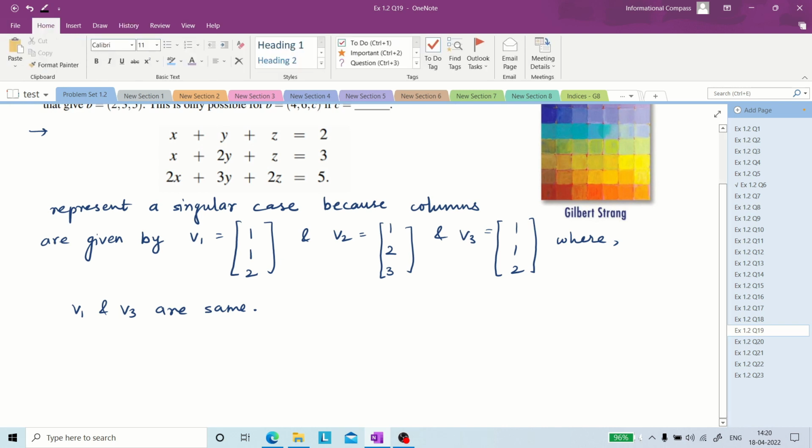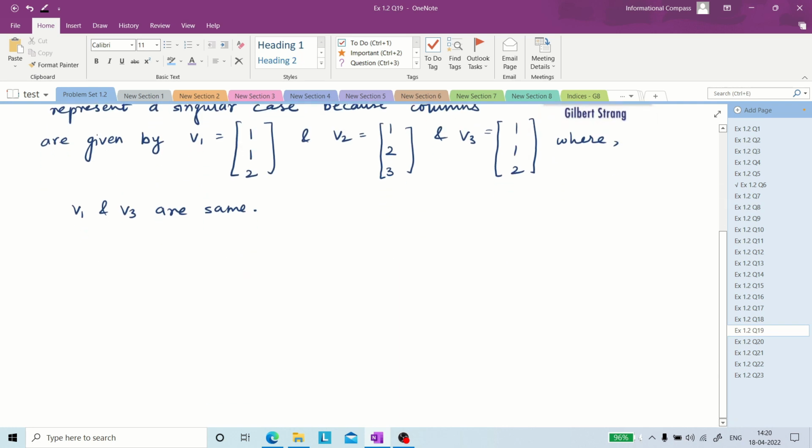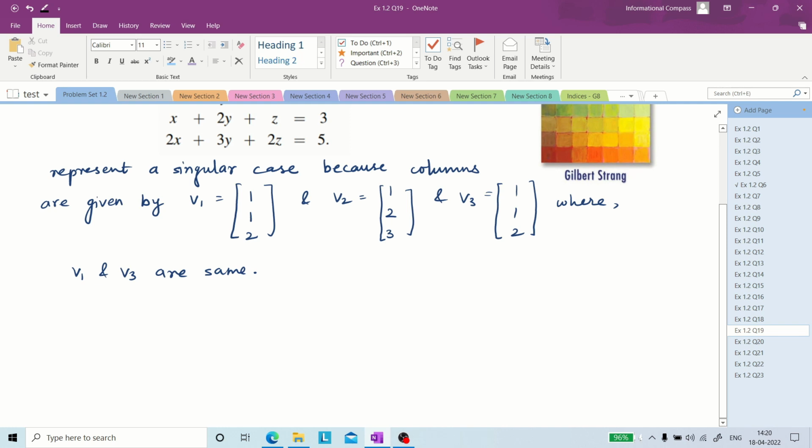Okay. So without any further computations, we can easily see that columns V1 and V2 when added give, let's add V1 plus V2. What do they give? 2, 3 and 5, right?